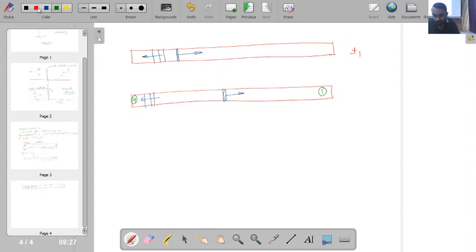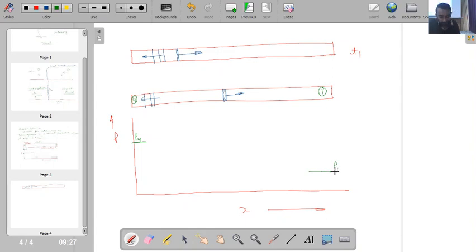So what I can do now is plot the pressure profile, and it will be something like this. Pressure is P4, and the pressure in region 1 is P1.